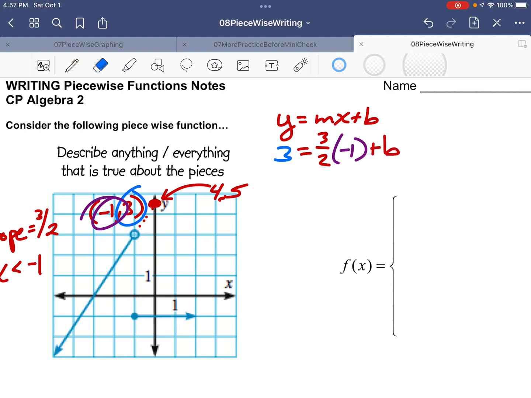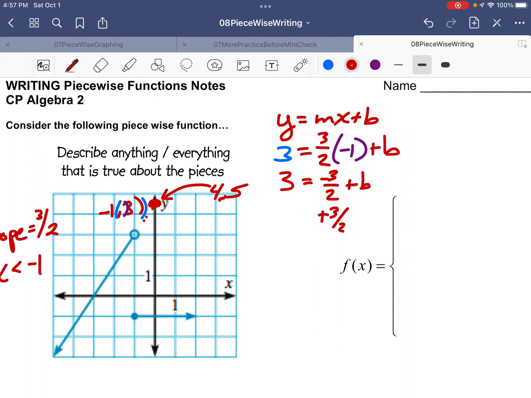So what we're showing here is the old strategy where you plug in a point and solve for your unknown. So this comes out to be 3 equals -3/2 plus b. If you add 3/2 to both sides, that's like adding 1.5, and that gives you 4.5.